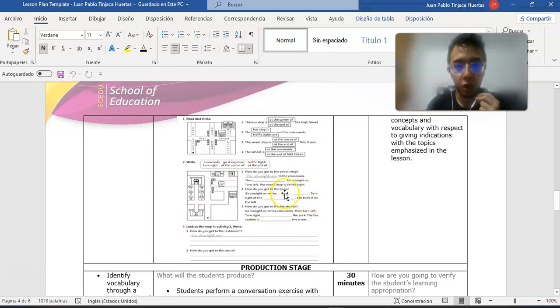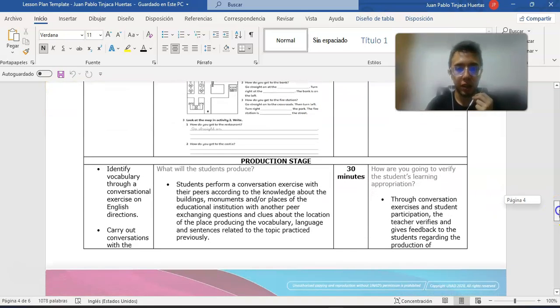In this case, I'm going to give feedback and teach them how to include the vocabulary and sentences that we already learned to provide directions in English within a real life conversation. And the third part is about answering open questions, and they need to answer those questions based on the map that is on the worksheet.